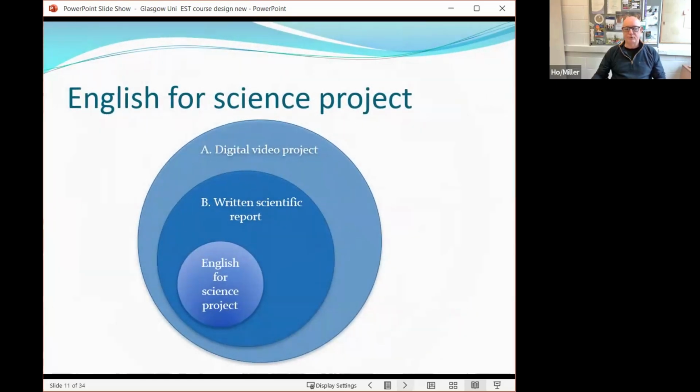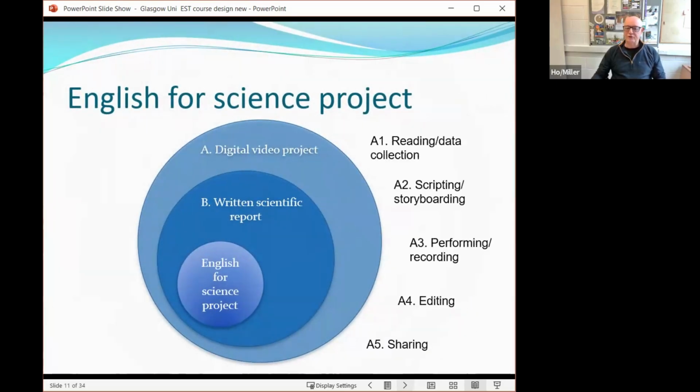So here's the English and Science project, and we have 2 components. And as you see, it wasn't just a case of giving them the topic and saying, okay, we'll see you in 7 weeks. We actually had a very structured approach to the course, where we gave relevant input in the classroom lessons about how to collect data, how to write a script for presentation of the data, doing recordings and performing, editing skills with an online video app, and then there was a sharing element as well.